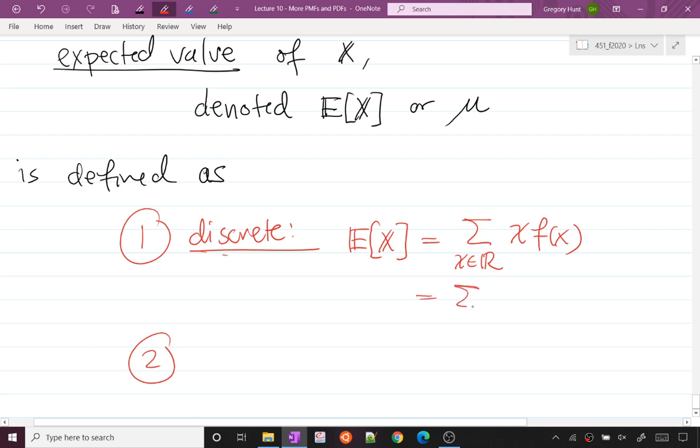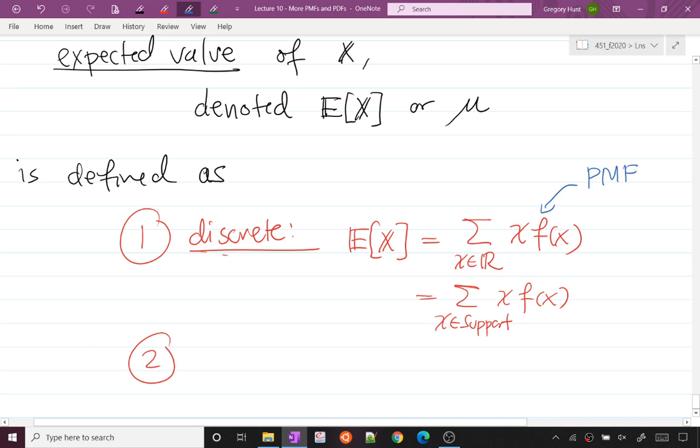You could alternatively write this as x in the support, because if we're not in the support, little f, that's the PMF here, would be 0. So either way you can think about it. The first one is kind of the formal definition, but really you can ignore points where the PMF is 0.